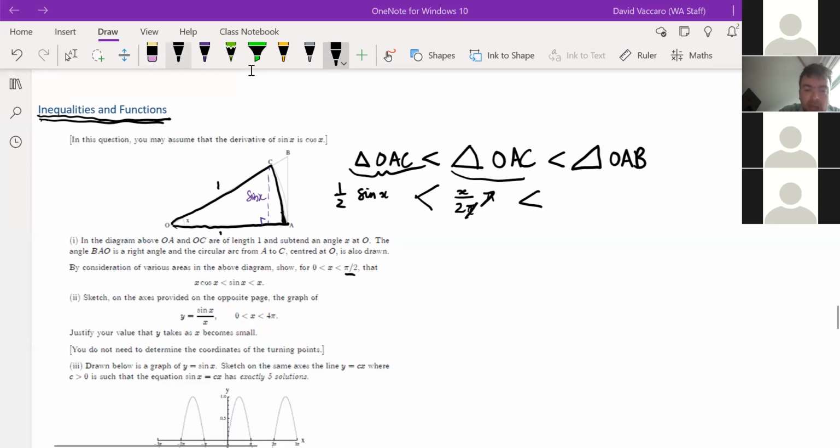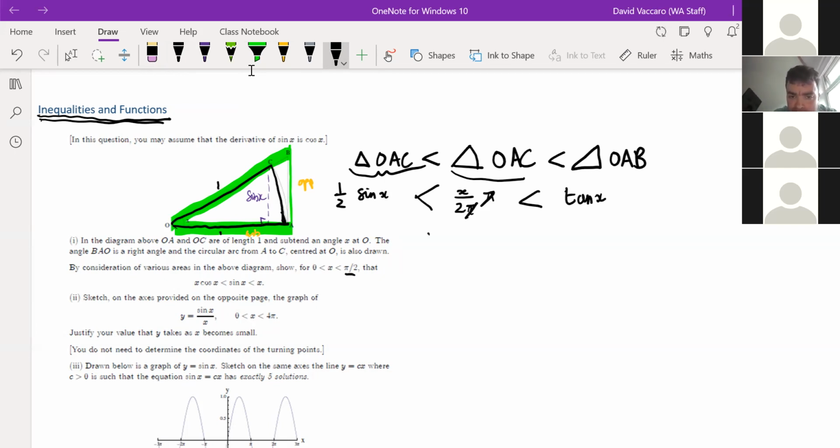If we consider the right-angled triangle OAB, OA is the adjacent, AB is the opposite, so opposite over adjacent is tan x, so AB is tan x.